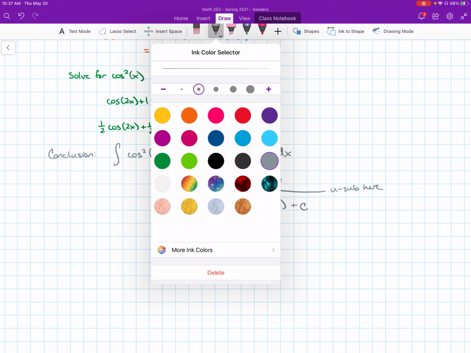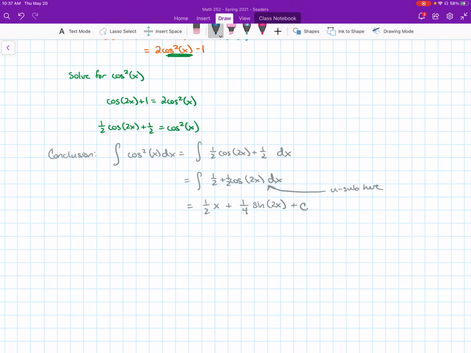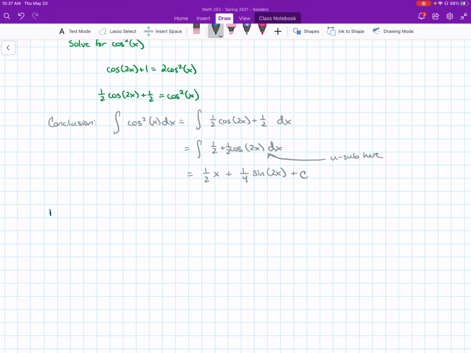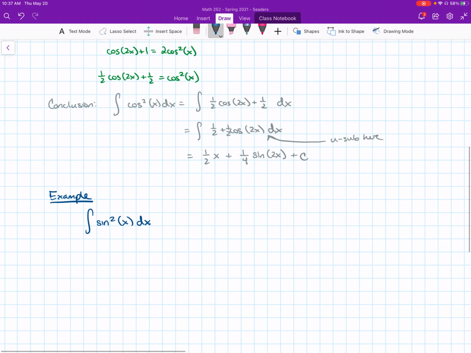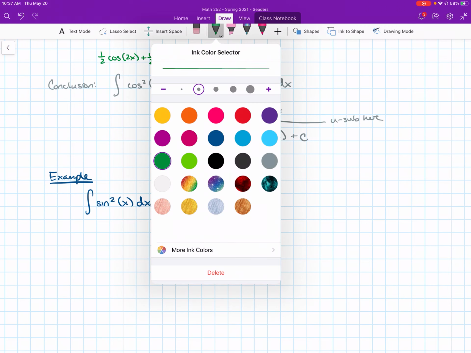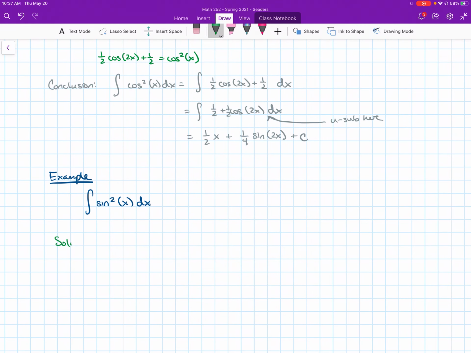Similarly, I can find the integral of sine squared of x using trig identities that are actually the same two trig identities. So if I wanted to find the integral of sine squared of x, I could use the same two trig identities. I'll use sine squared of x plus cosine squared of x is equal to 1.